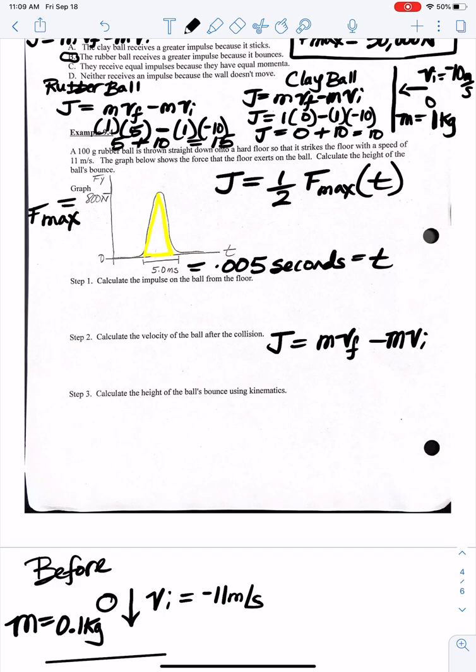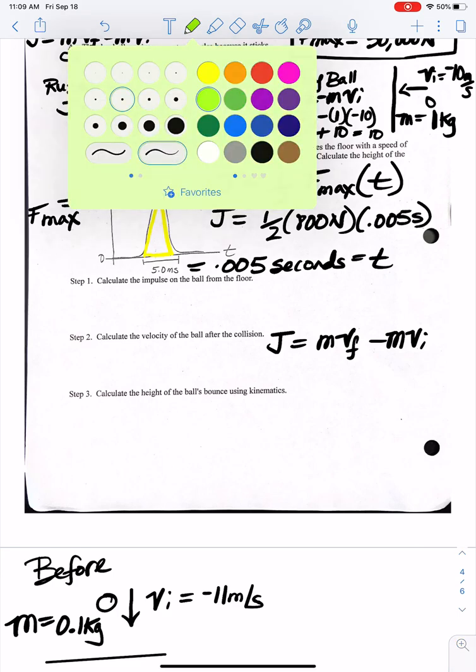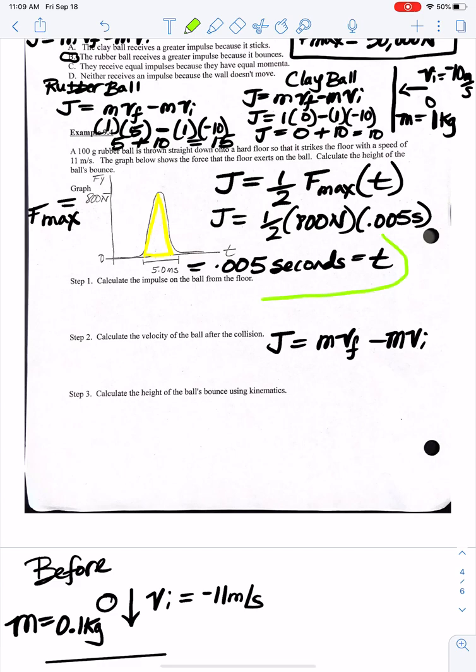So coming back up here, we can say that J, I guess I have room right here, is equal to 1/2 times 800 newtons times 0.005 seconds, and then just put our answer down here. And so 400 times 0.005, I think that's going to be 2.